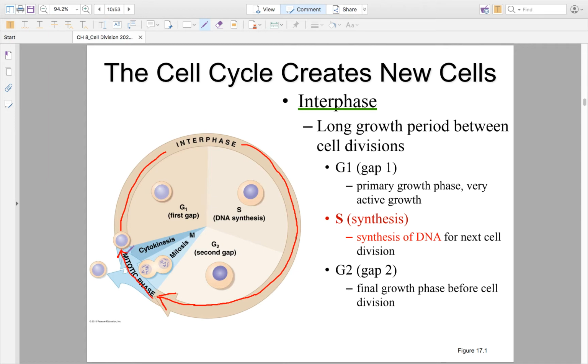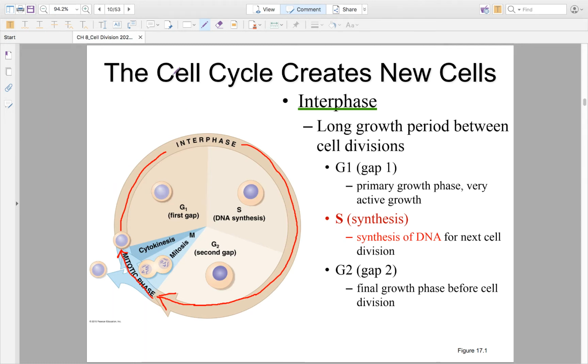So let's start with interphase. If a cell is going to enter the cell cycle, let's say a cell is going to divide, it has to be instructed to do so. Cells cannot just go into the cycle and start dividing without any control, because that is the exact definition of cancer. Cancer is uncontrolled cell division. So normal, healthy cells that aren't cancerous follow these steps.